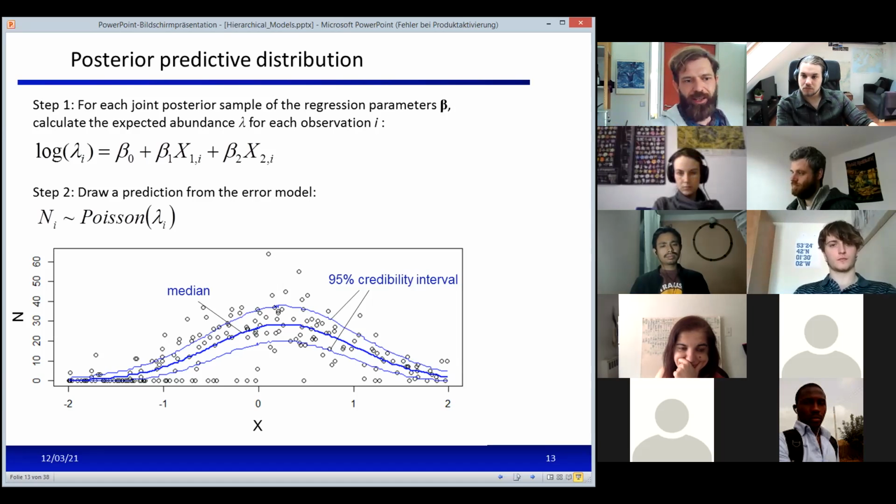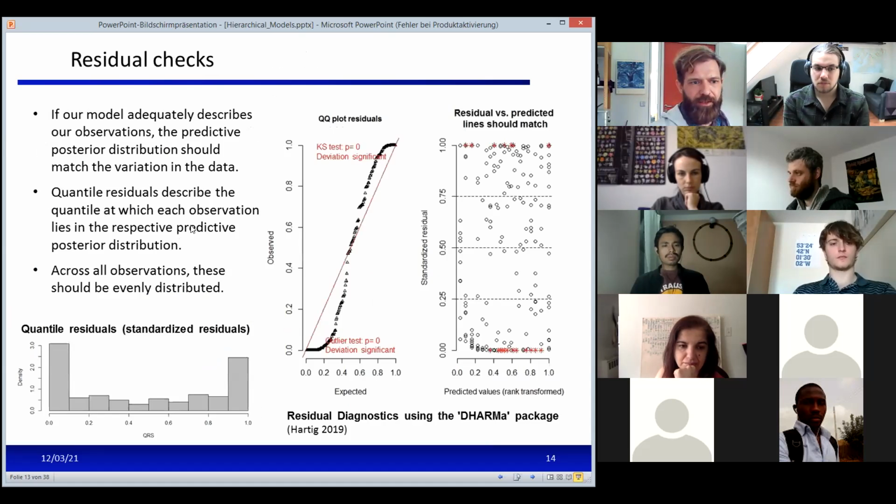And if my model were correctly describing the variation in the data, I would expect that also 95% of my data lie within this 95% credibility interval, or more specifically that if I calculate these quantiles within the predictive posterior distribution for each data point, they should be evenly distributed.